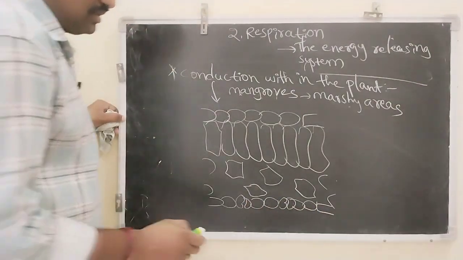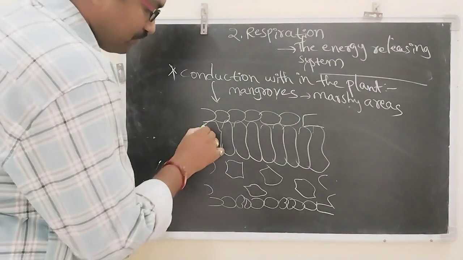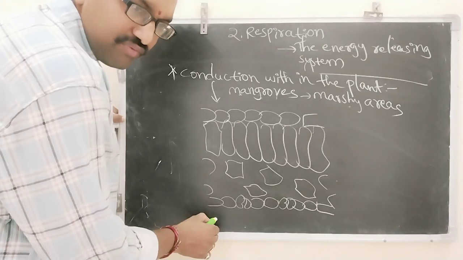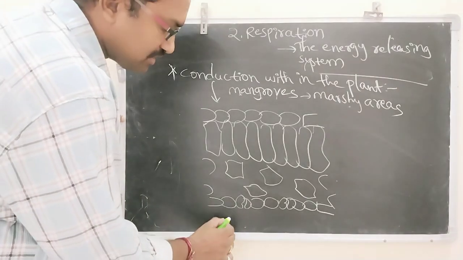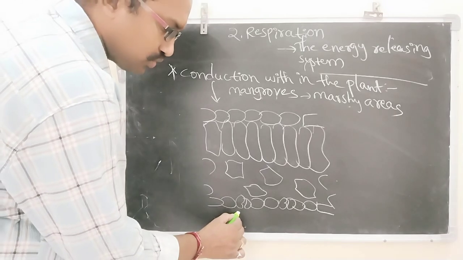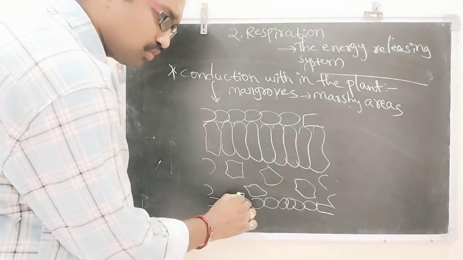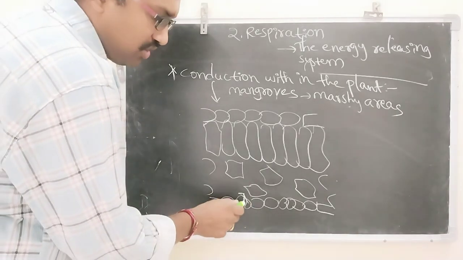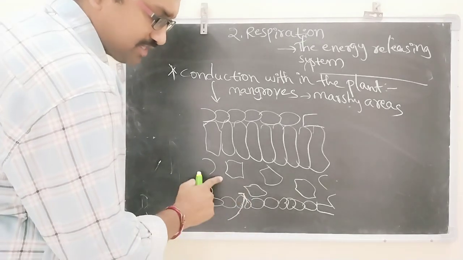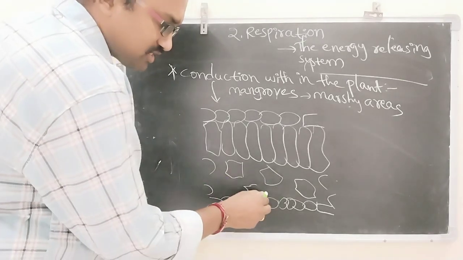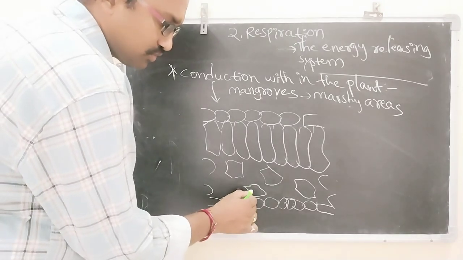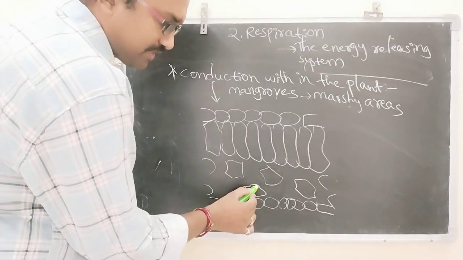Right. So how does the conduction occur? First, from the atmosphere, the oxygen, or the air, enters into the plant through the opening called stomata. From stomata, it enters into the air space. From air space, it enters into the water film, so that the oxygen is dissolved in this water.